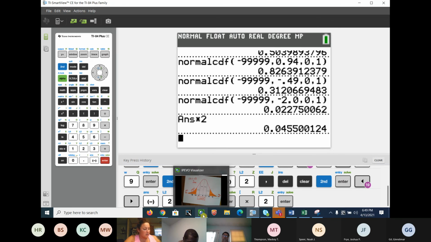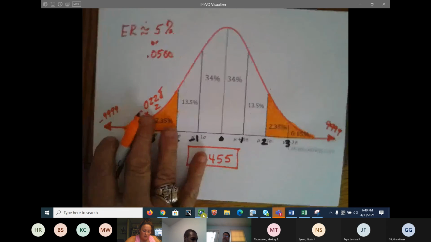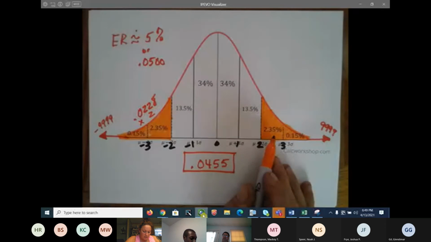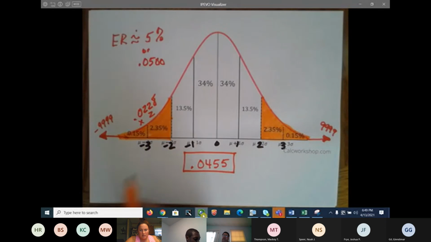You said, since they're both the same, why can't I just add those two together? Yeah, but you're multiplying, not adding.